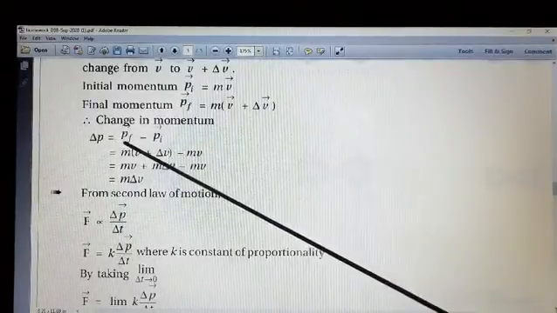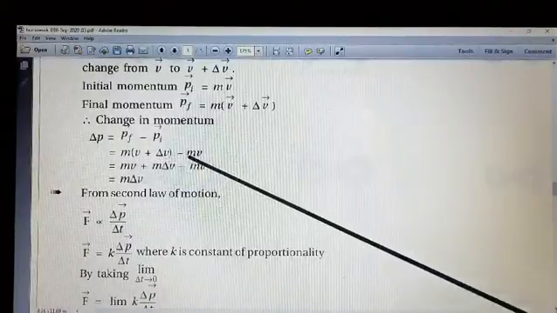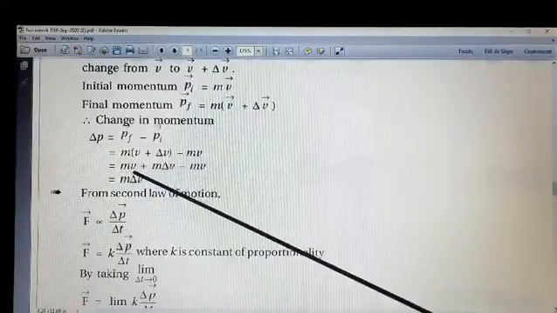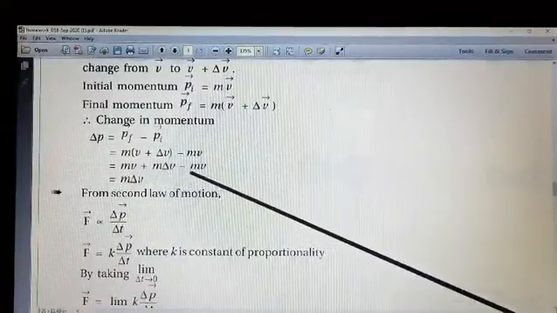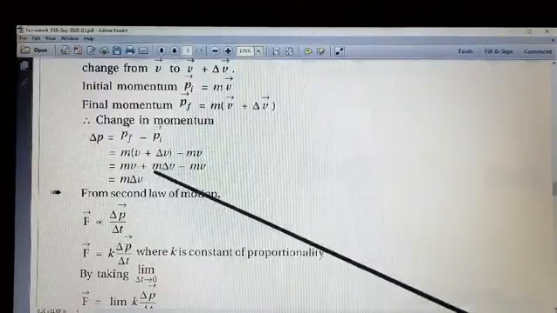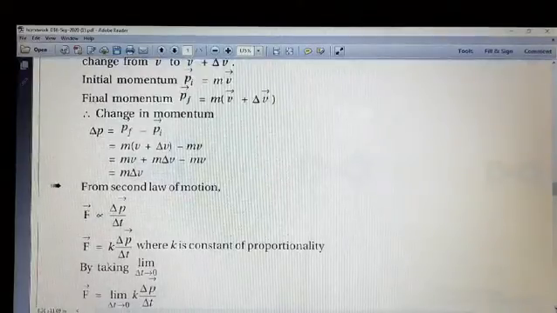Instead of Pf we write its value: m(v plus delta v) minus mv. Here m is multiplied inside, so we write mv plus m delta v minus mv. Here mv cancels, so we get delta p is equal to m delta v.